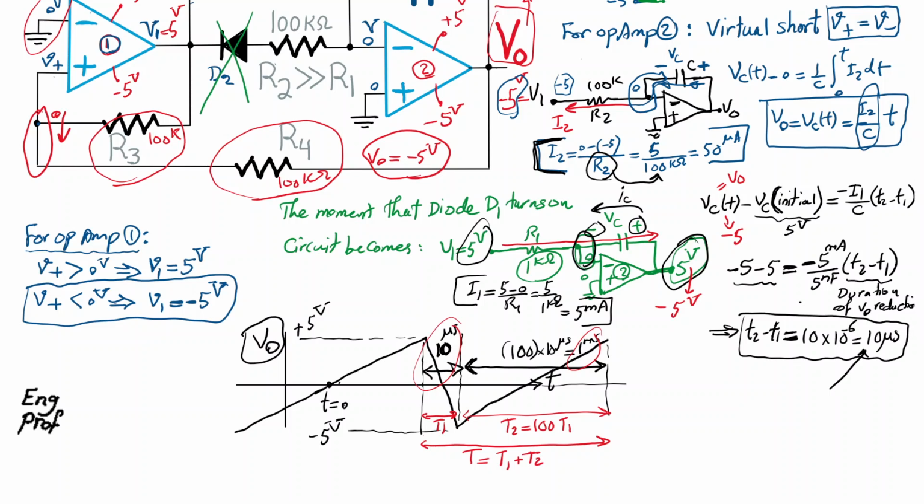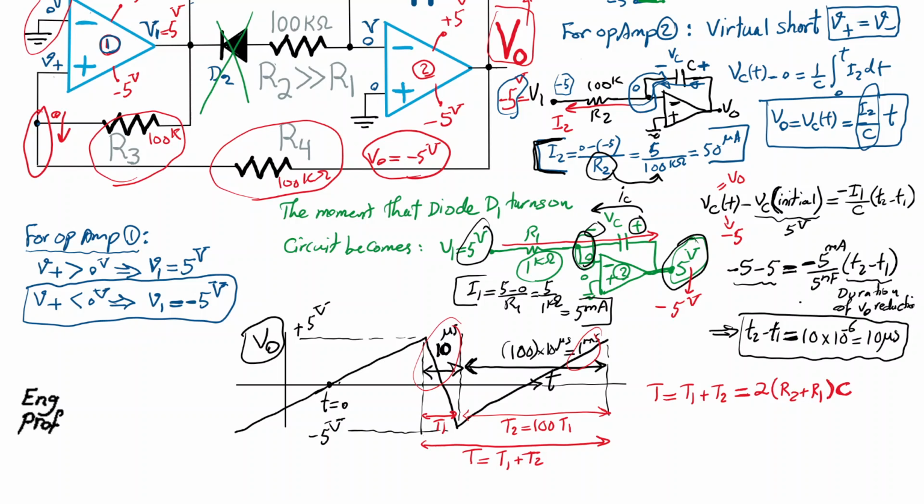Now if we sum them up, we can say T, the period of this thing, is T1 plus T2, which is effectively, as we computed, 2 times the resistors together, R2 plus R1, times C of the cap.